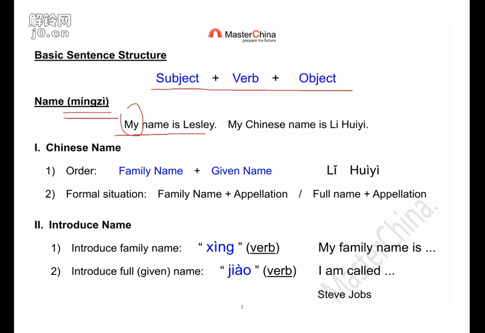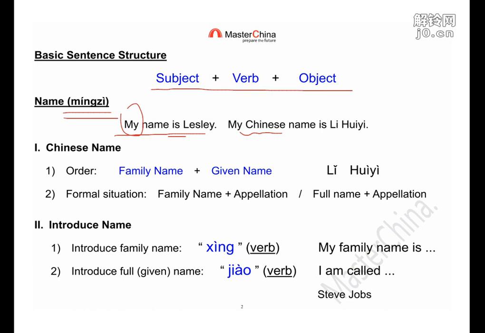Then 名字 I gave you. 我的名字 and is 是 Leslie. So usually you will say 我的名字是 Leslie. Also, I want to show you how to say a Chinese name. Later, I will give you the language. My Chinese name is Li Huiyi. So this is my self-introduction of my name.